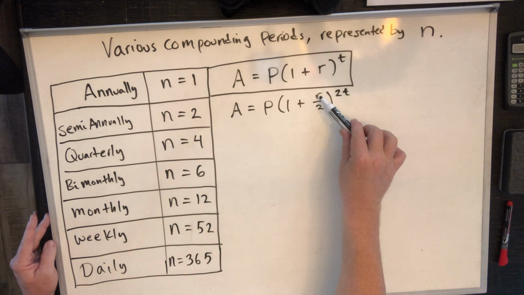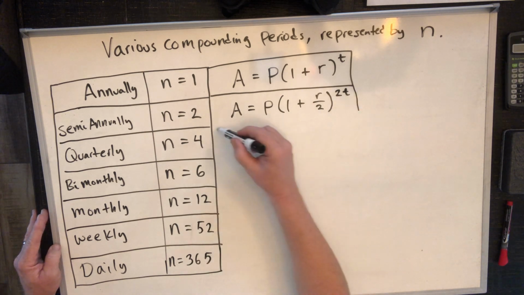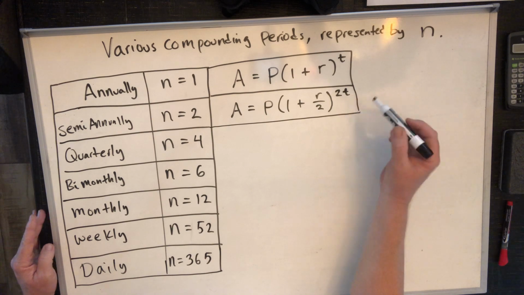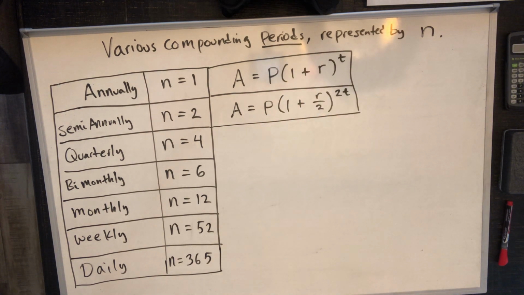So you are going to divide your interest by 2, and then you're going to multiply the time by 2, because every year there are 2 periods in which you are compounding the interest. It's essentially every 6 months they are going to compound the interest.